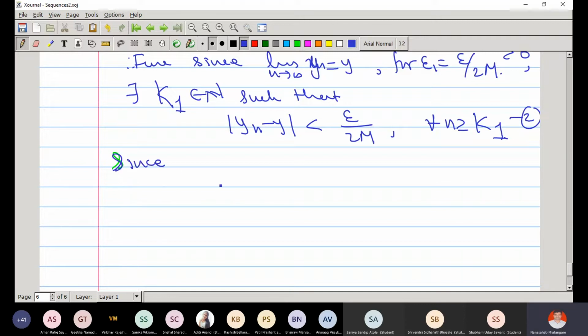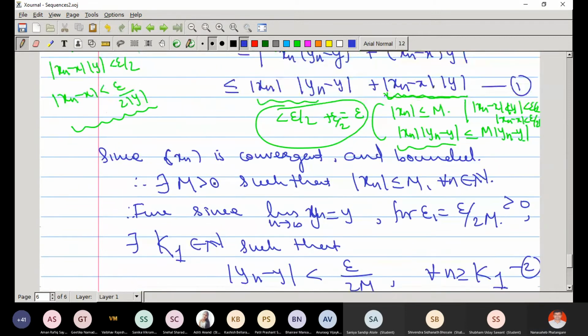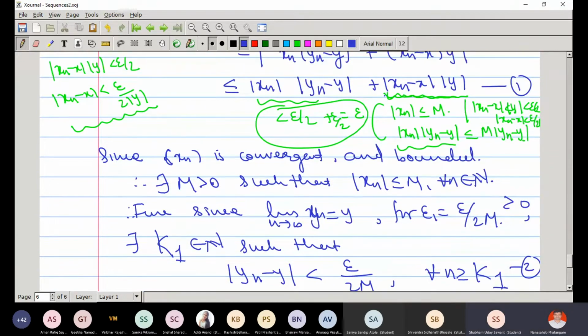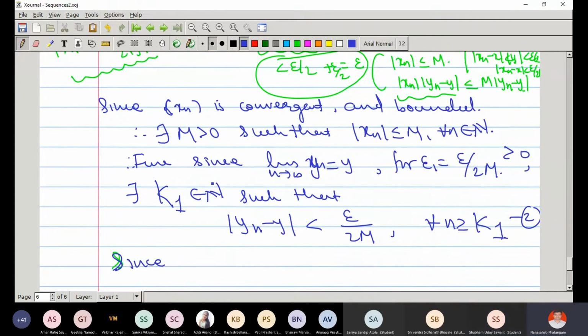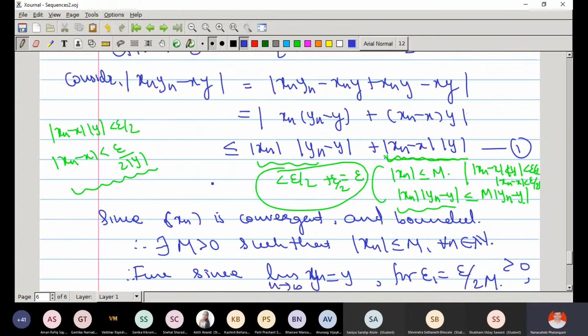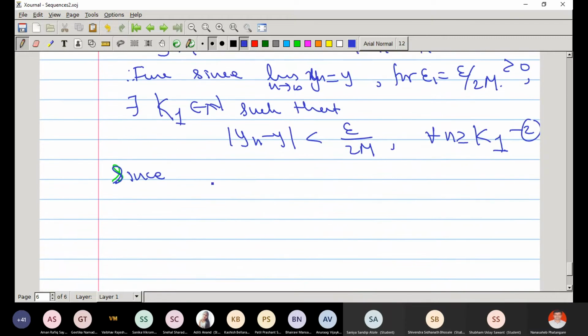Do you understand? What is the problem? Sir, if y is 0, then the second term would definitely be 0, so it would be less than any positive number. That you can say: y is 0, then the second term will be 0, right?